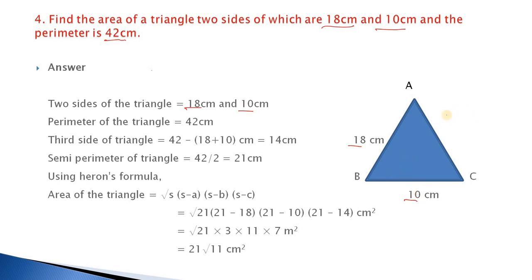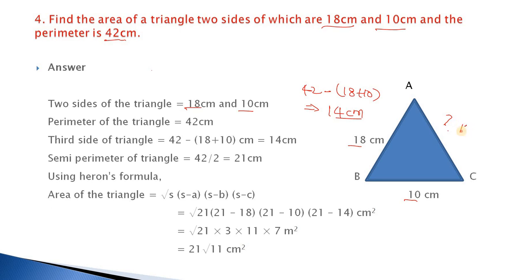What will be the length of AC? So the perimeter of the triangle is given as 42 centimeter. The length of the third side is 42 minus the sum of two sides, 18 plus 10. So we get the length of the third side is 14 centimeter.